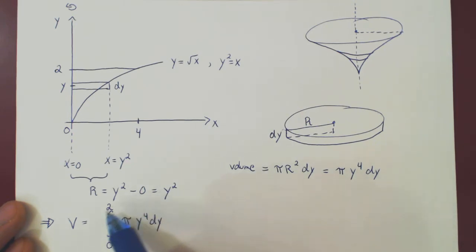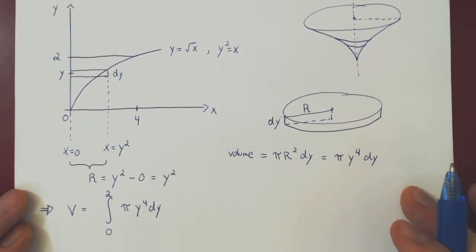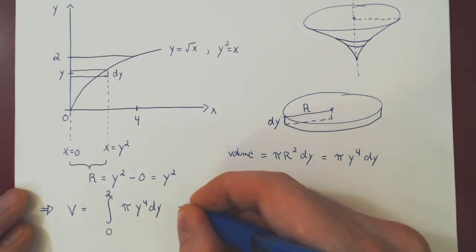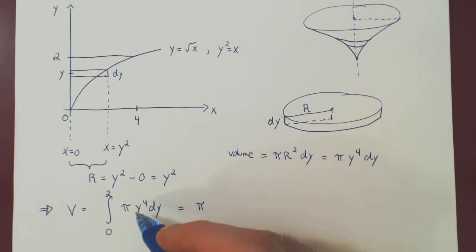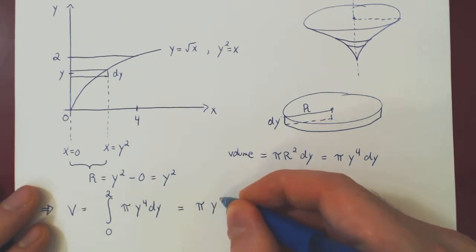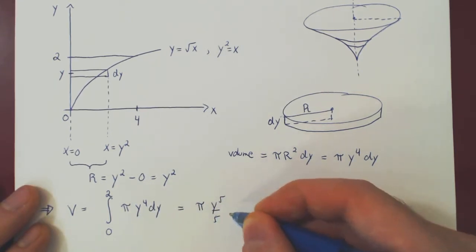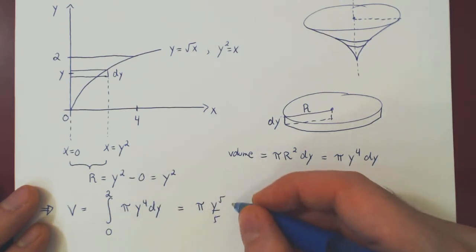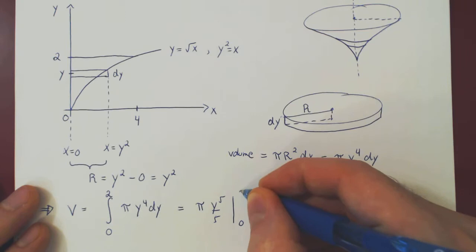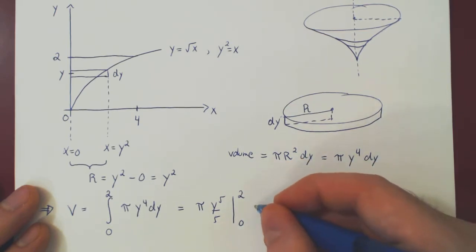And now we can find this integral using, of course, the fundamental theorem of calculus. This integral is essentially trivial. Pi stays there as a constant multiple. Y to the 4, we use the power rule, y to the 5 over 5. This is our antiderivative of pi y to the 4, and we must evaluate from 0 to 2.